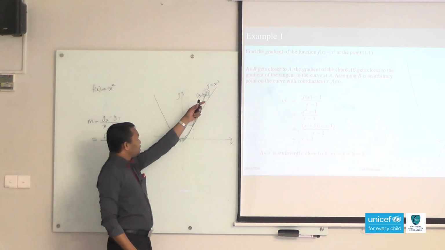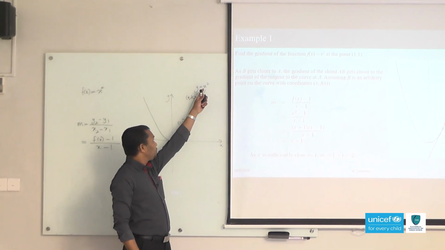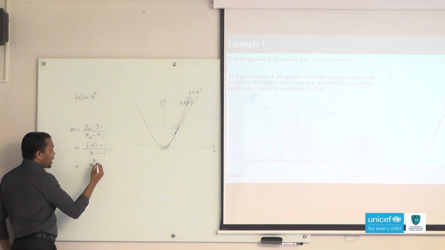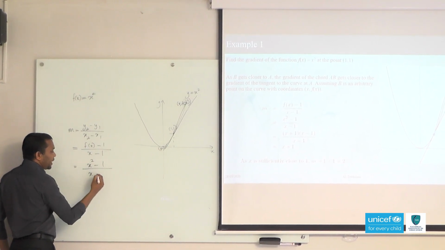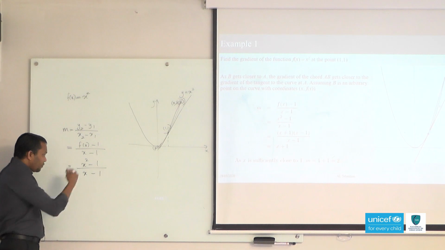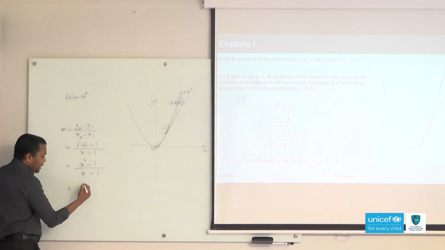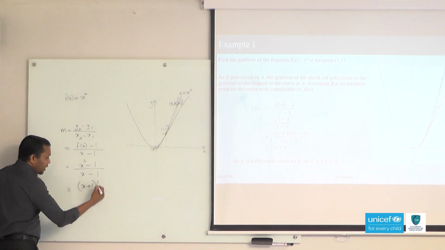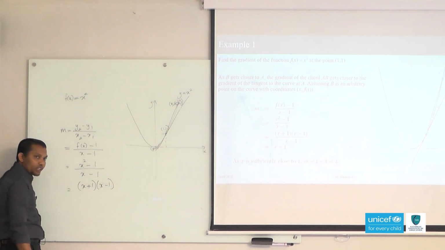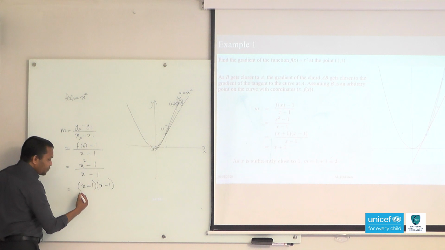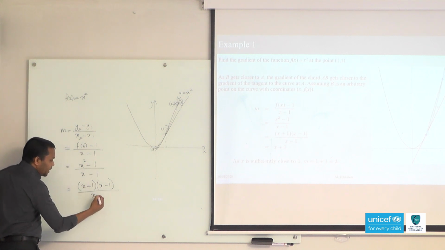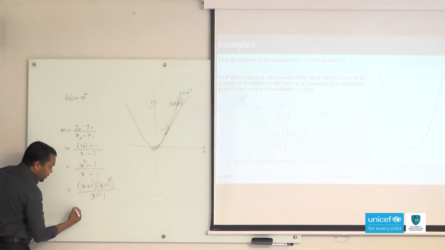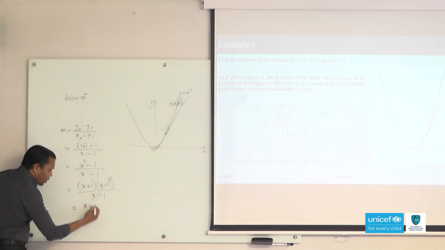My function in this case is f of x is equal to x squared. If I substitute it here, I get x squared minus 1 divided by x minus 1. After a simple algebraic simplification, the numerator becomes x plus 1 times x minus 1, which is the factorization of a difference of squares, divided by x minus 1. Cancelling the common factors simply gives you x plus 1.